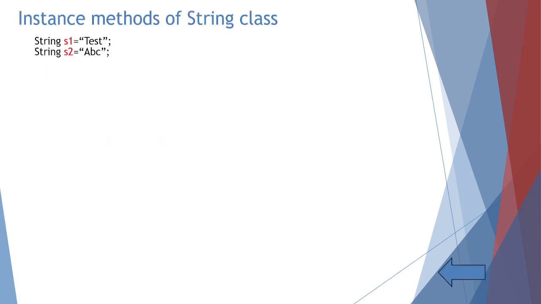String s1 = "test". s1 is an instance of String, or object. Second one is String s2 = "abc". Now, how do we call the methods? s1.method, any method, and send parameters.